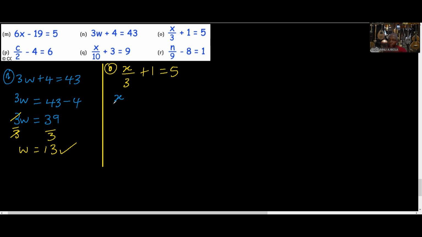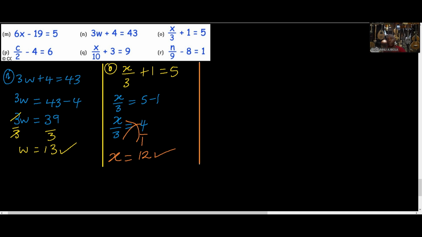So we have x over 3 equal to 5 minus 1, because it was plus 1, it becomes minus 1. So x over 3 equal to 4. What number will you divide by 3 to give you 4? That should be 12. So we can cross multiply: 1 times x is x, 3 times 4 is 12. So x equal to 12. Is that clear to you?